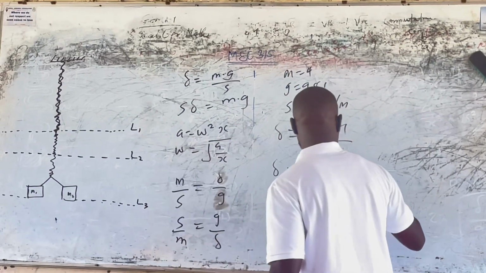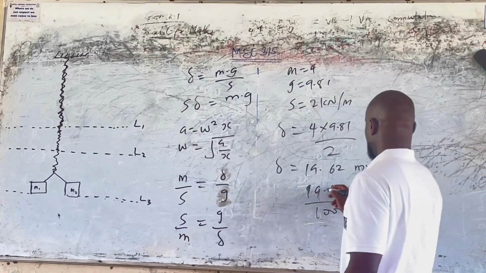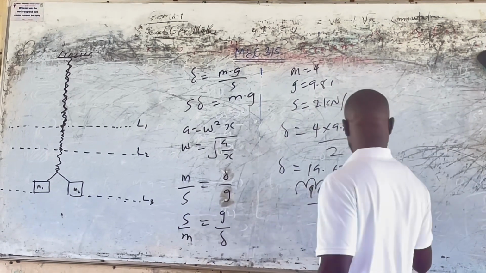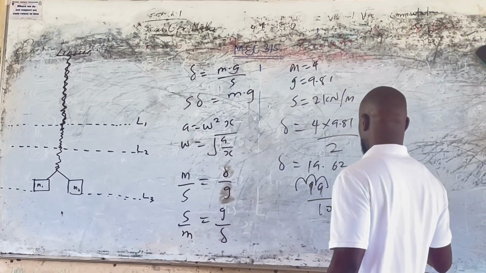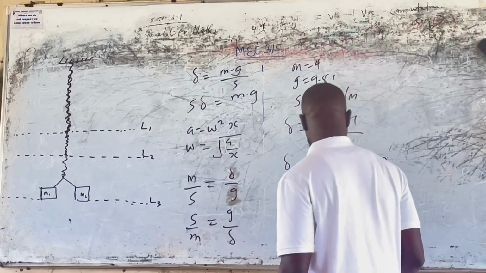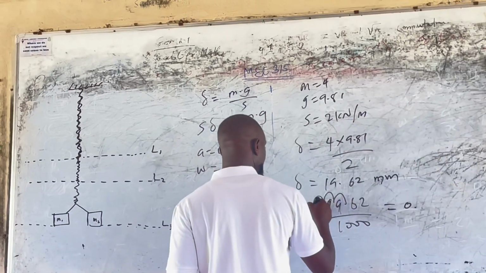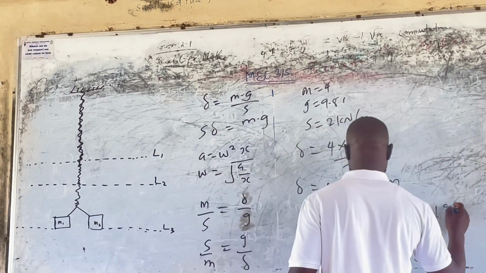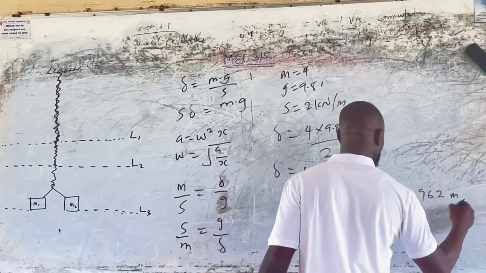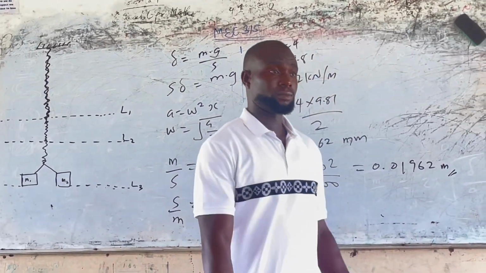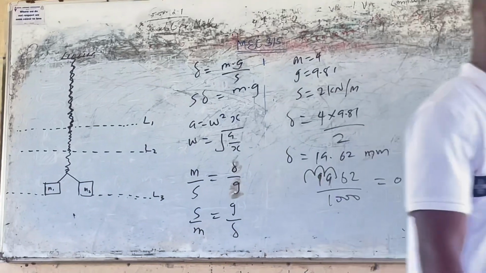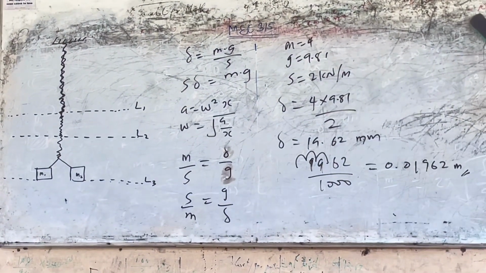Nineteen point six two by 1,000 is what? 0.019. Yes. All right, sir. Look at what he's telling me.